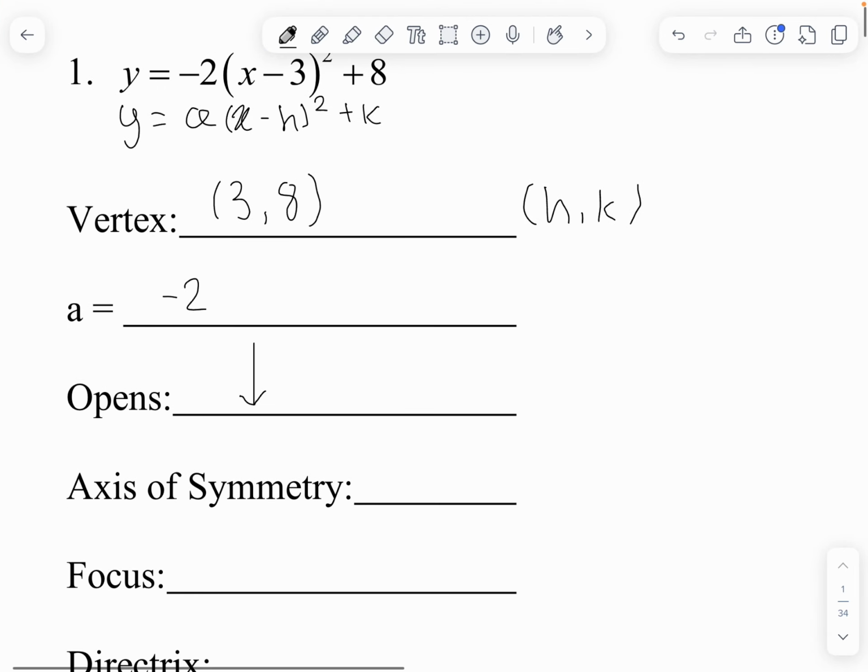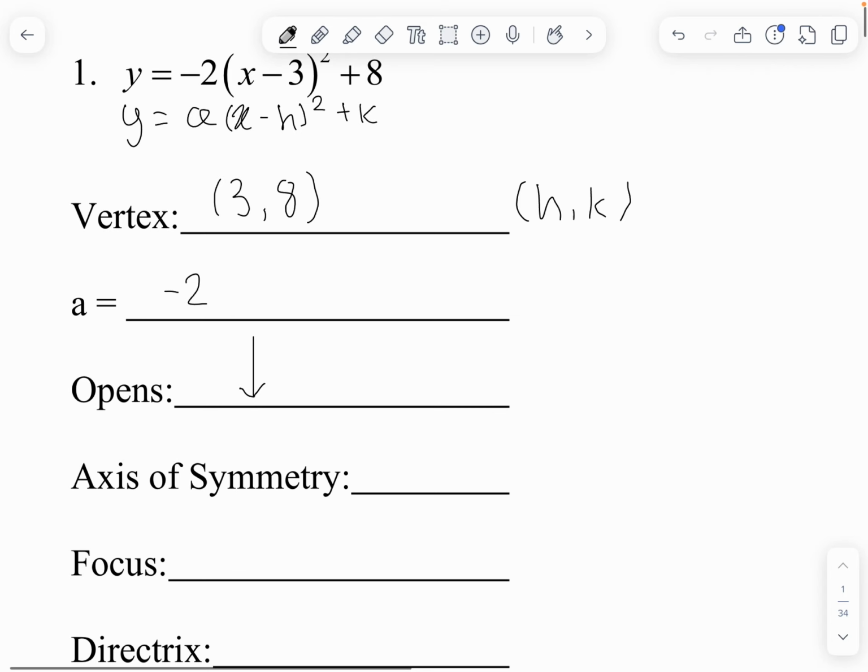Our axis of symmetry, since this is y equals a value of x, is going to be based off of x, and the x value in the vertex is 3, so that means our axis of symmetry is x equals 3.